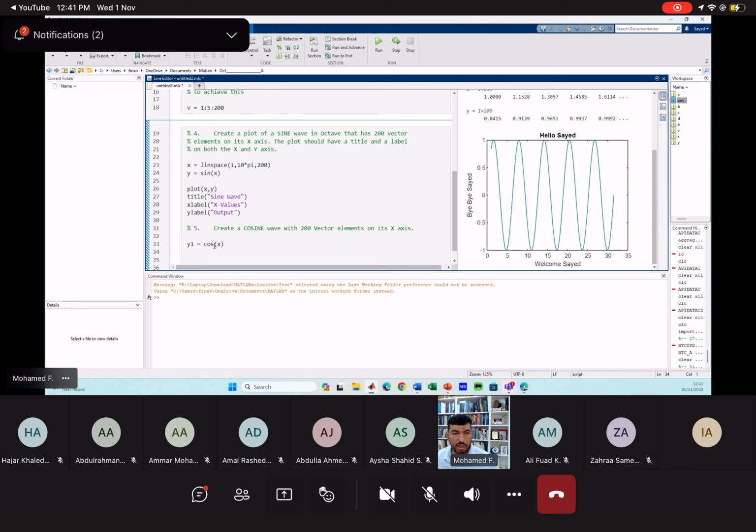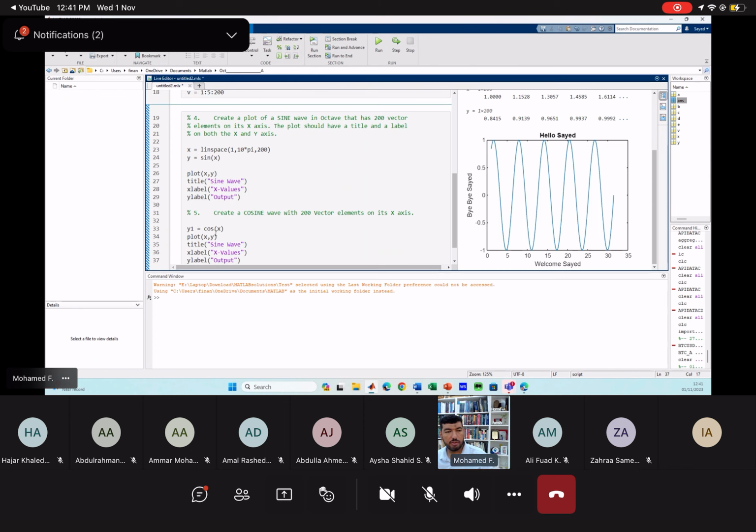Then I'm going to put the same thing here, but change it to y1. So the cosine has been calculated into y1 as a variable. We store it there, and the values came here. I'm going to plot it, and here, instead of sine, I will write cosine. Okay, I'll run it now.